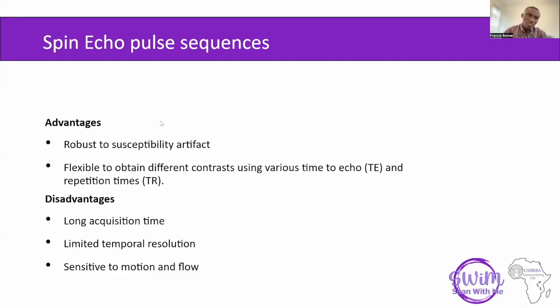What are some of the advantages of spin echo pulse sequences? It's robust to susceptibility artifact and flexible to obtain different contrasts using various time to echo and repetition times.